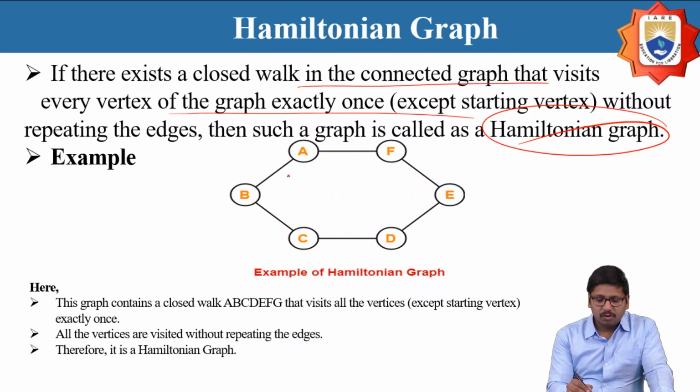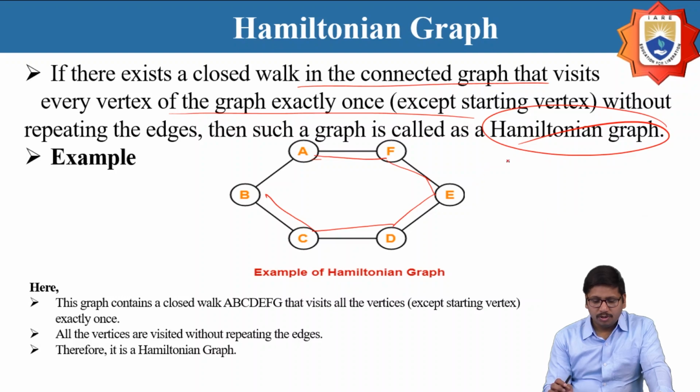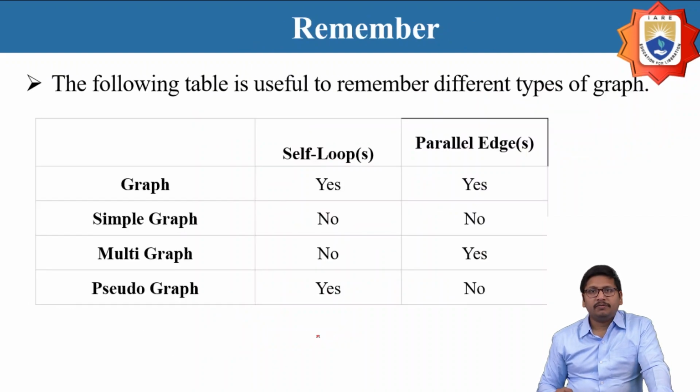So if there exists a closed path in the connected graph that visits every vertex of the graph exactly once without repeating the edges, then such a graph is going to be called a Hamiltonian graph. So this graph is going to have a closed walk here, which is going to visit all the vertices except the starting vertex exactly once, and all the vertices are visited without repeating edges. Therefore, it should be called a Hamiltonian graph.